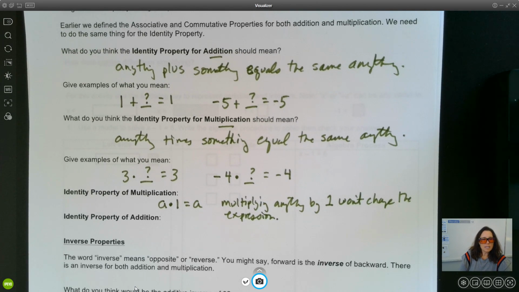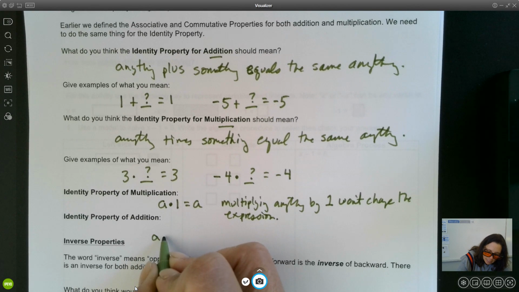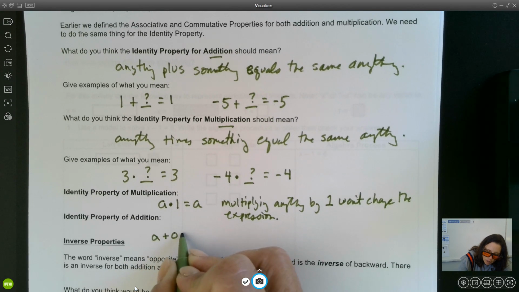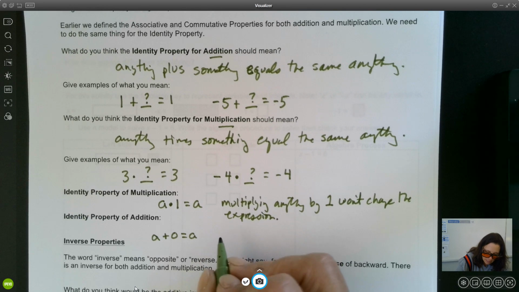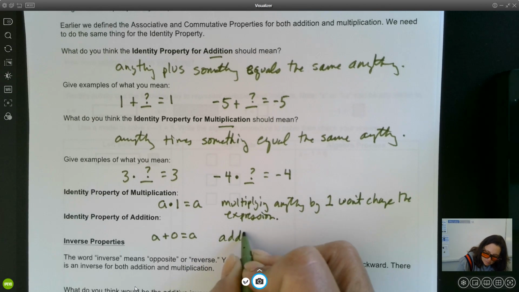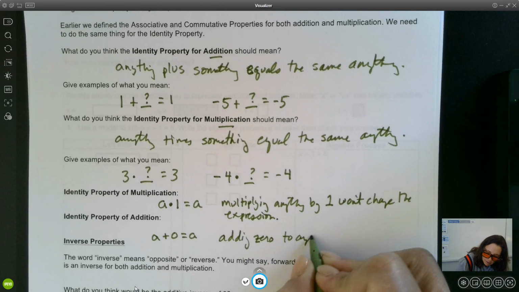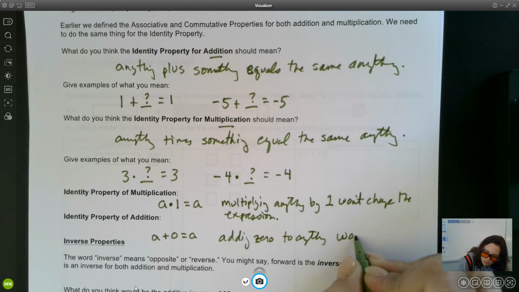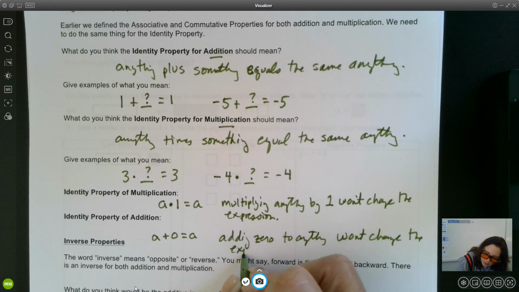Okay, and then the identity property of addition, anything plus 0 won't change the expression. Did I say times? I meant add. Okay, adding 0 to anything won't change the expression.